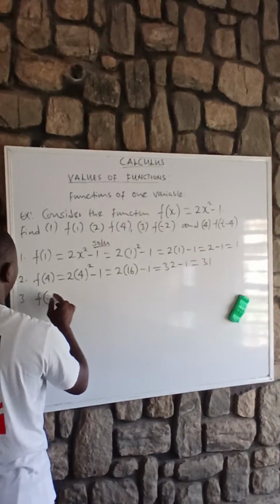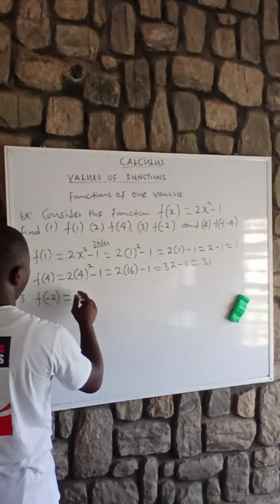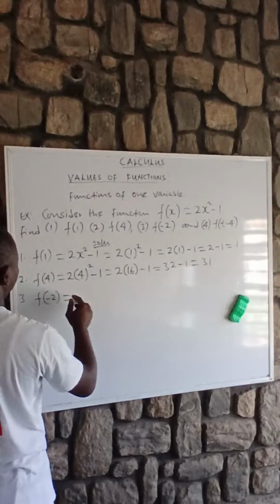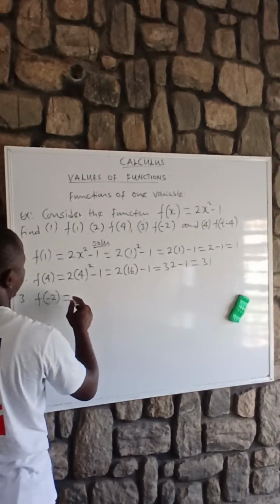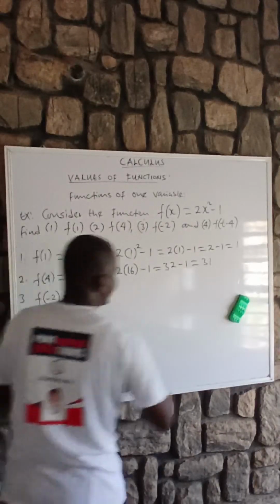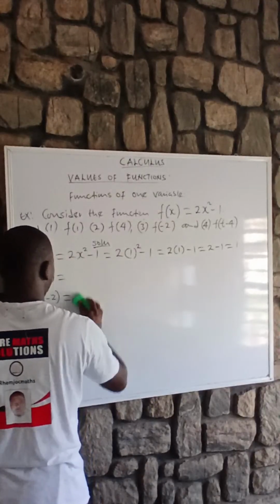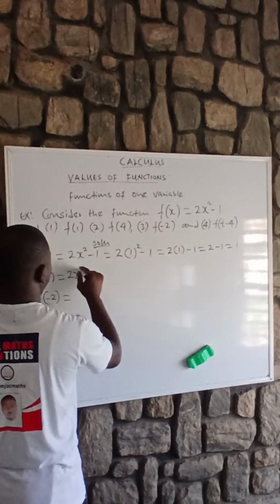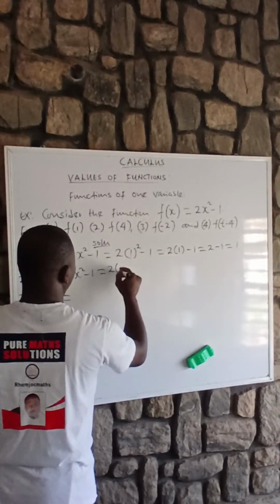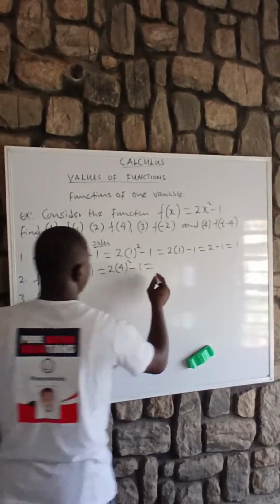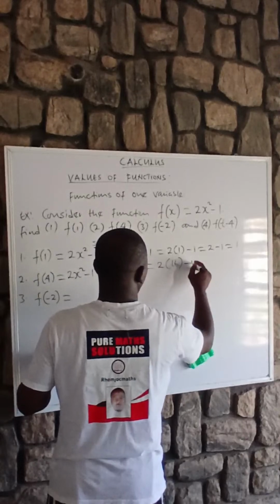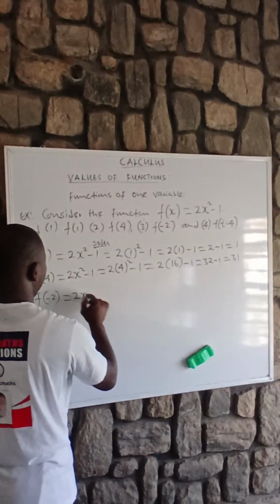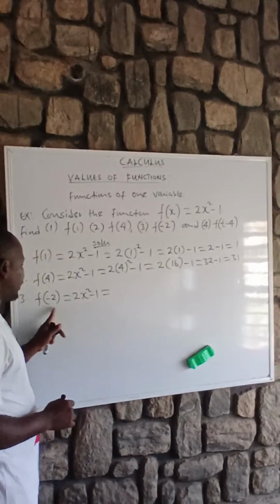f of minus 2 is equal to 2x squared minus 1, here x is what?